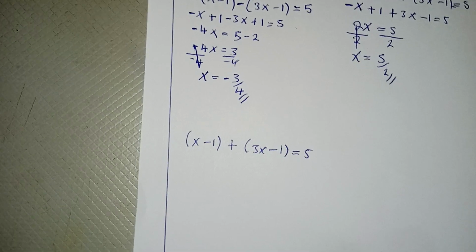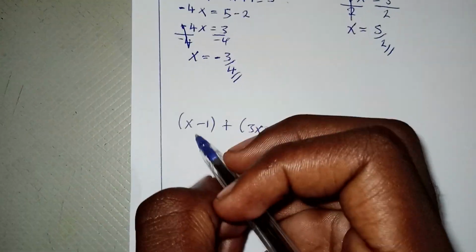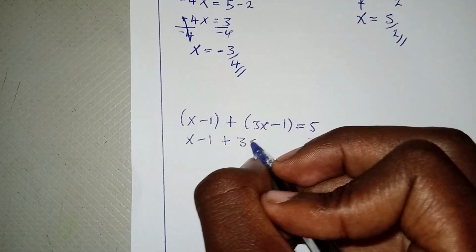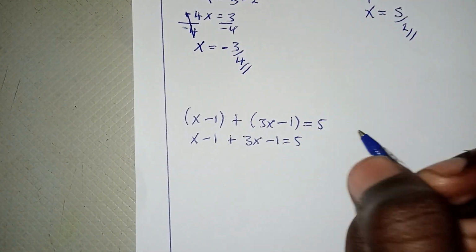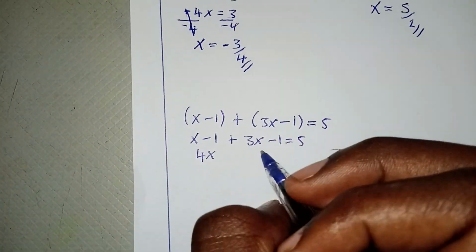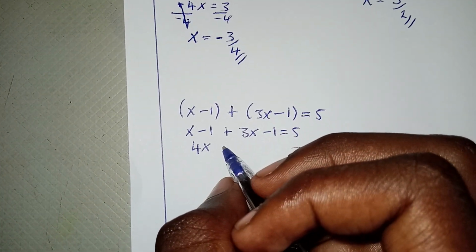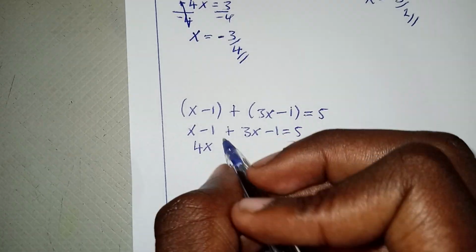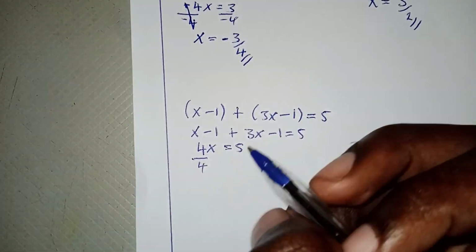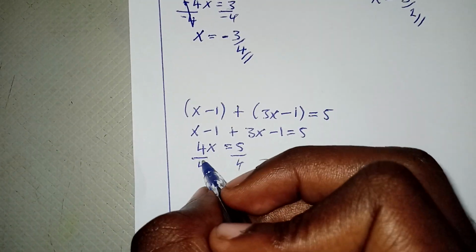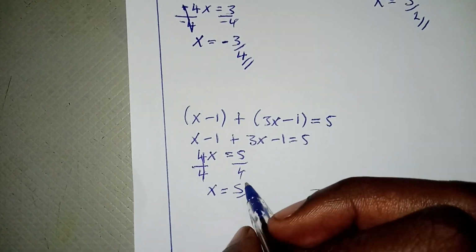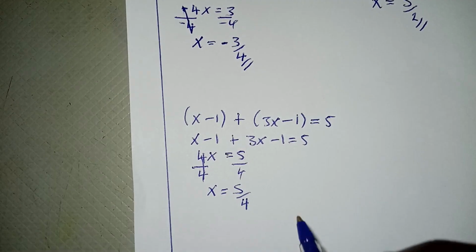So how is it going to be? This is going to be x minus 1, just remove the brackets, 3x minus 1 equal to 5. Then this is going to be 4x, 0 equal to, it's giving us 5 again, so this is 5 over 4. Did we have 5 over 4 somewhere?